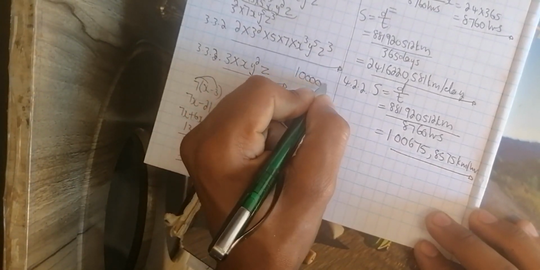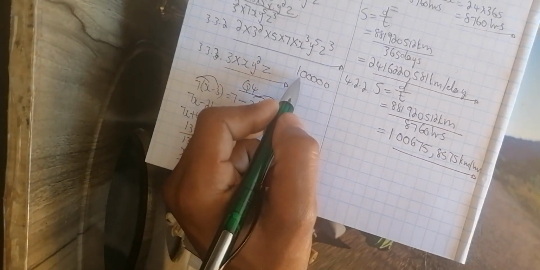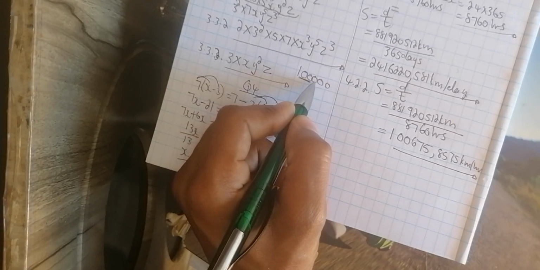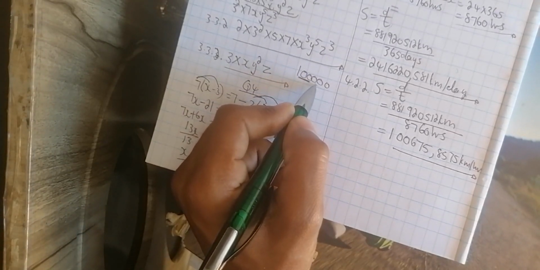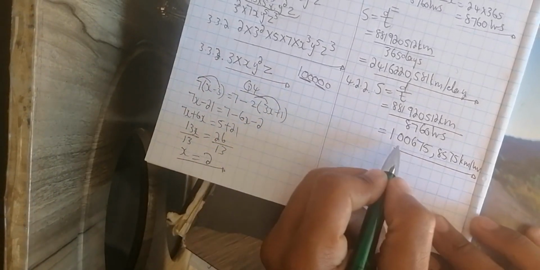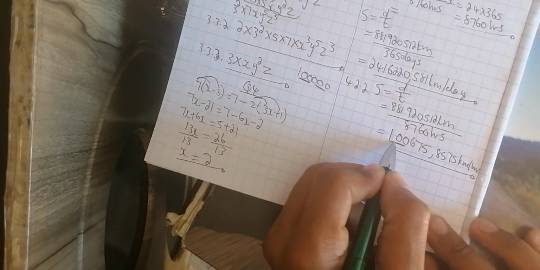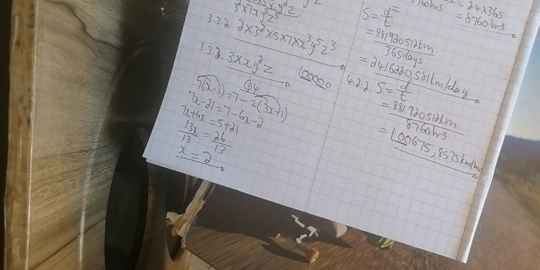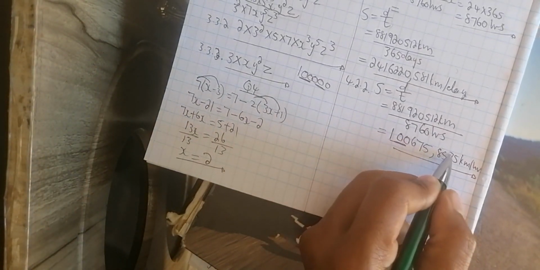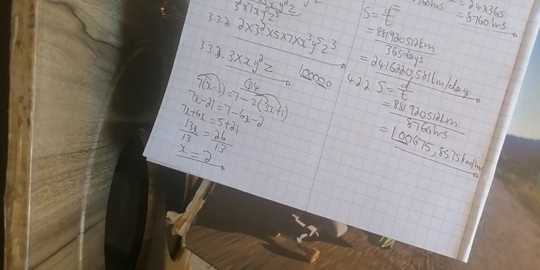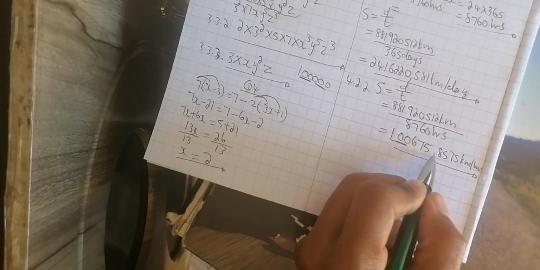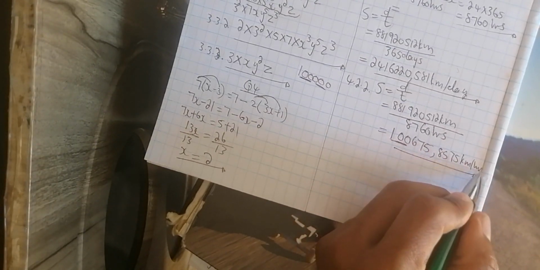So here I would say 100,000. Am I fine? So the answer is 100,675.8575 kilometers per hour.